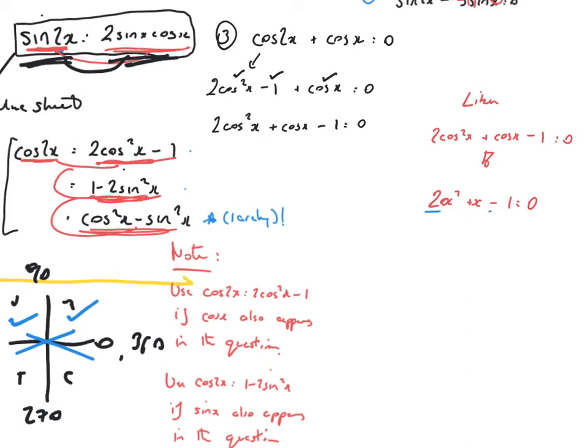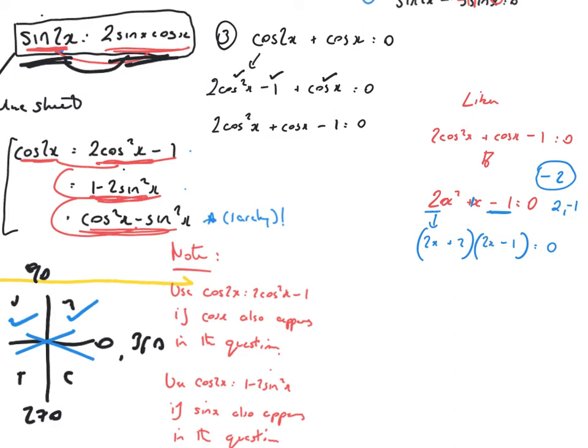Okay, it's then 2 times minus 1 is minus 2, and I'm looking for two numbers that multiply to give minus 2 and add together to give 1. That's going to be 2 and minus 1. Okay, so that's going to be plus 2 and minus 1, and I'll drop the 2x in here and drop the 2x in here.